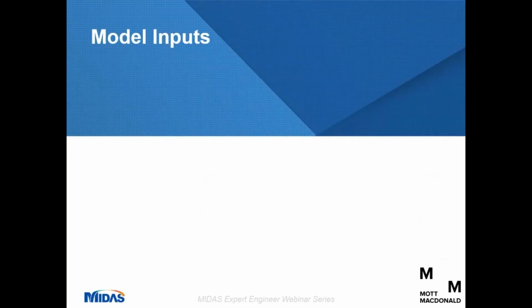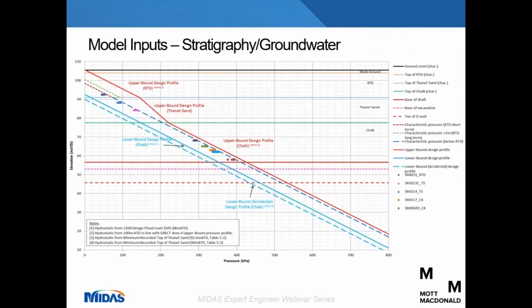So I'll now run through the main inputs that went into the numerical model of the shaft. First, from a geotechnical perspective, is the stratigraphy at the site, which is typical of East London, where we have river terrace deposits, which is a coarse gravel, overlying Thanet sand over chalk.